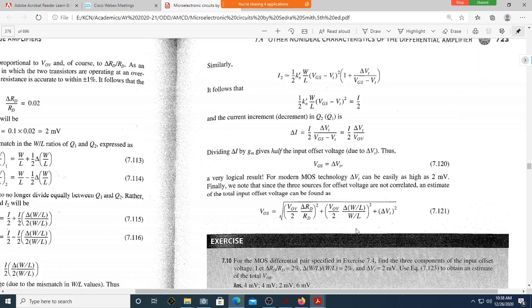Not the second, sorry. VTO is same. We have to take the first two because there is no deviation in your delta VT. Of course, even if you consider it, it will be 0, so it will happen to be this plus this. Getting the point? For that you need to find what is delta RD, delta W by L, and of course VOV. VO will be common.